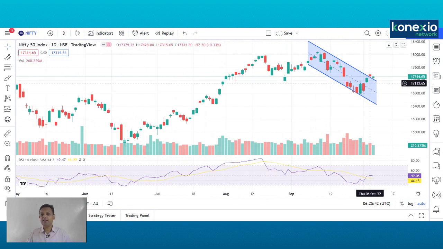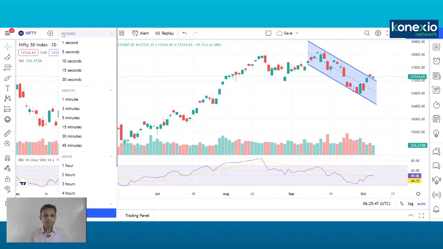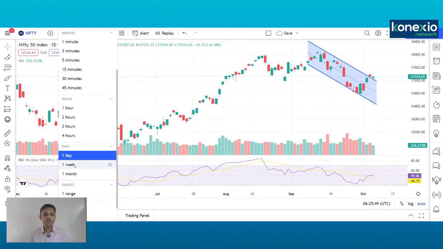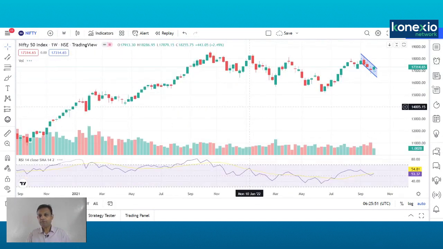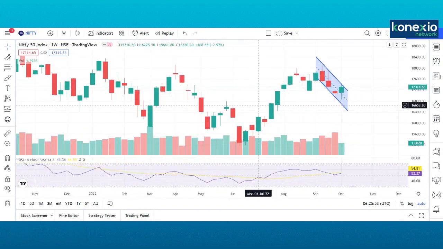Now this is the daily chart. RSI is also with positive bias. Let us go to the weekly charts. On the weekly charts, you can see that it has formed two hammers. First of all, this is the doji. Second is a hammer. Most probably, these are called a combination of bullish patterns.